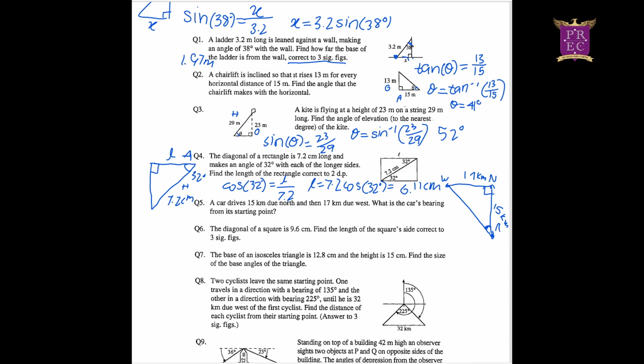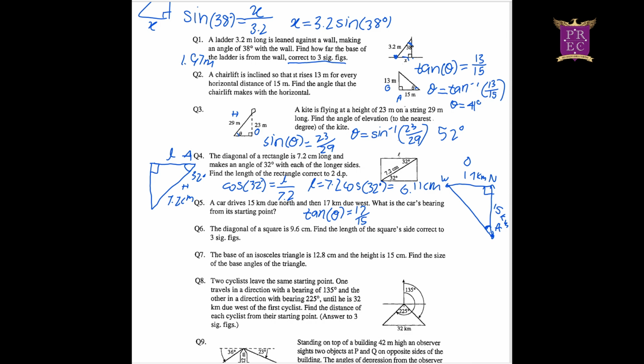We call that A. And we've got opposite, which is directly opposite to the reference angle, so we call that O. What are we looking for now? We're looking for the angle. Which one has opposite and adjacent? That ratio would be tan. So we have tan theta is equal to opposite over adjacent, opposite being 17, adjacent being 15.